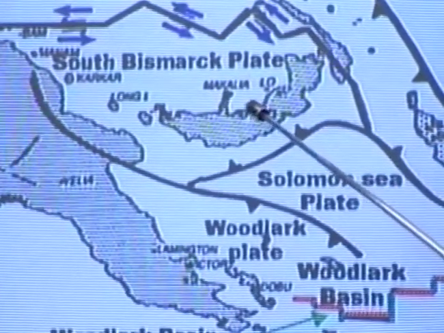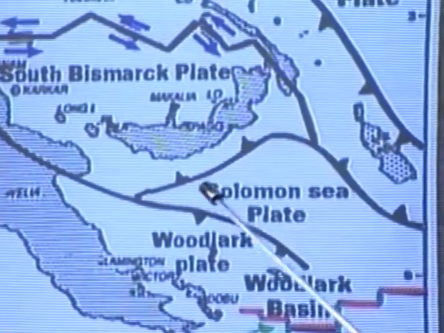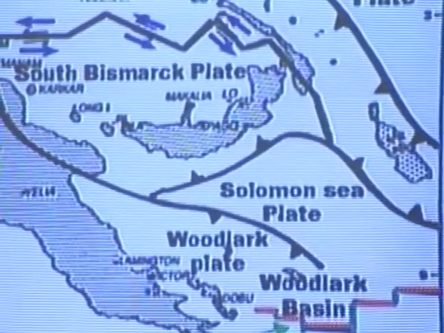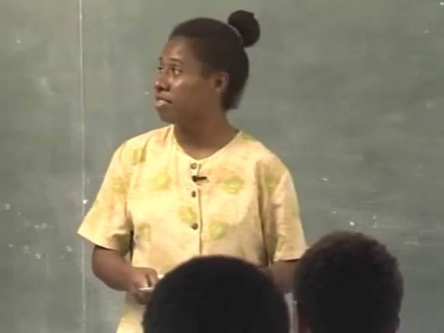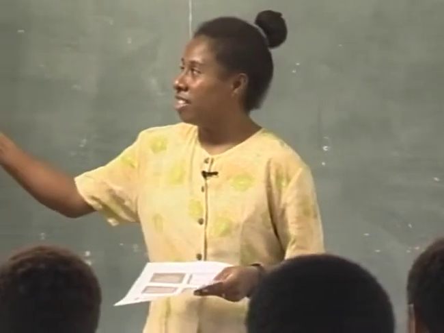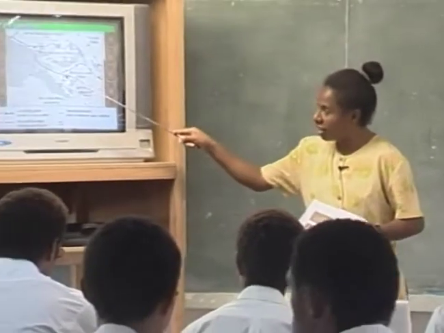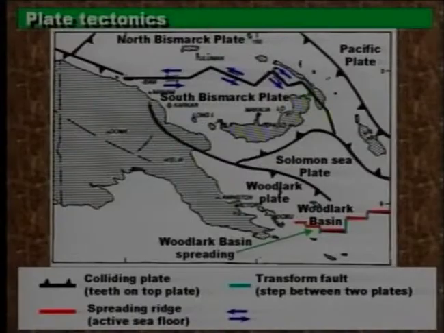Definitely Bismarck Plate, Solomon Plate colliding to form this feature here called the New Britain Trench. Solomon Plate subducted to form the New Britain Trench. We've noted the process in the formation of this feature is simply the collision of the Bismarck Plate with the Solomon Plate.